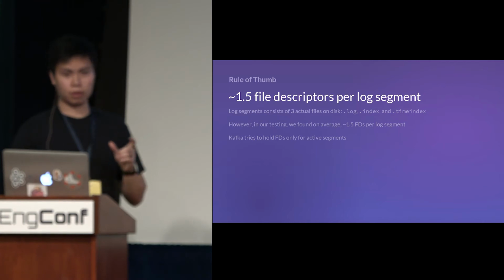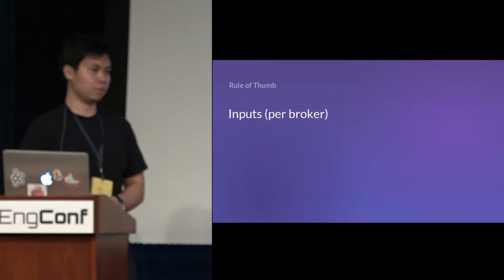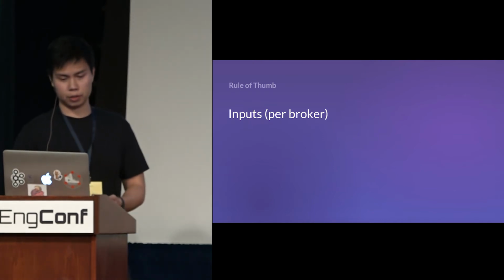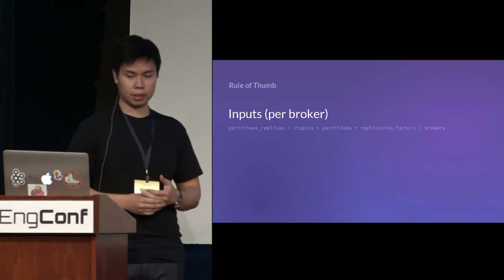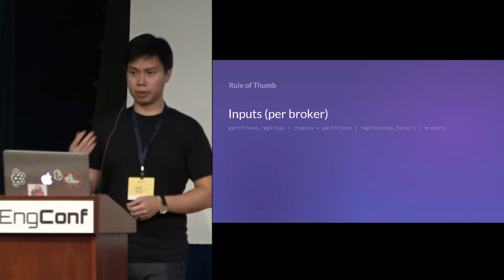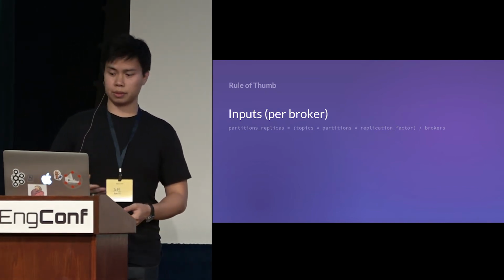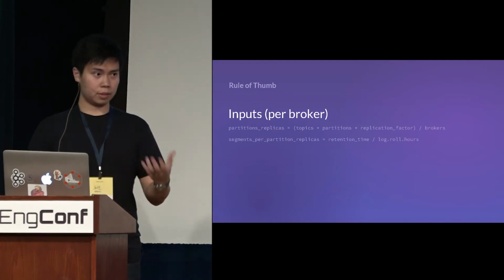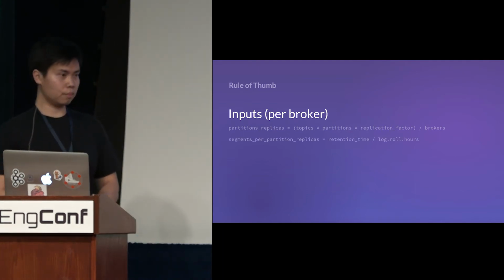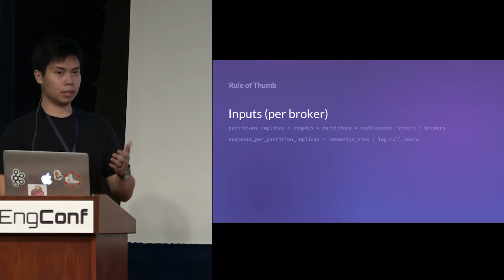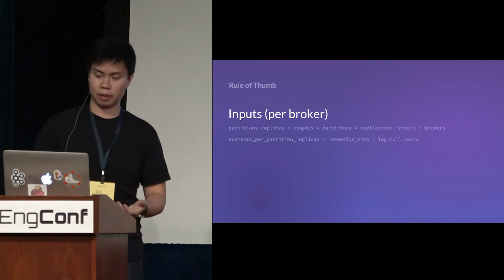But the more important thing to consider is the number of inputs involved when thinking about this problem. First, you need to consider the number of topics, their partitions, and the replication factor. Then you take that and divide it by the number of brokers. Then you have to consider your log segments, basically how many logs you have and how often they're rolled, and calculate that against the retention time.